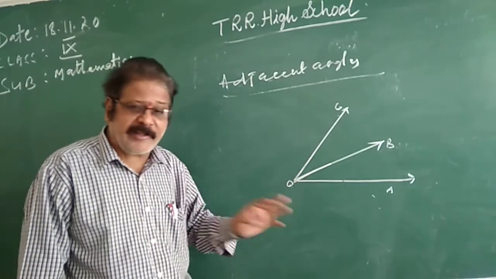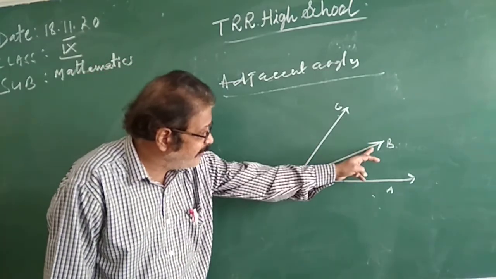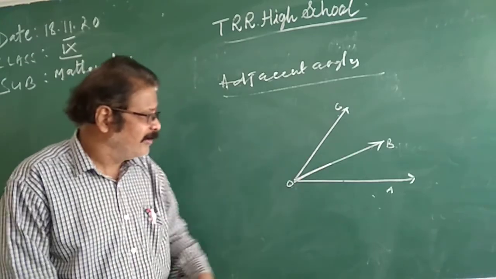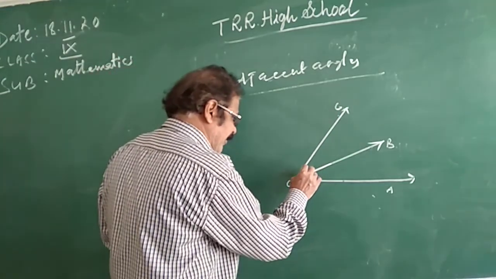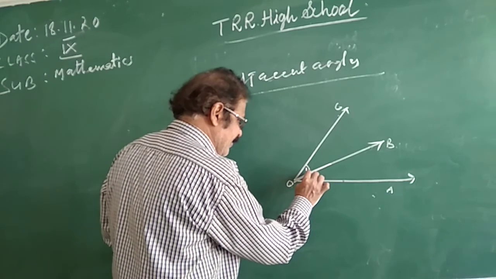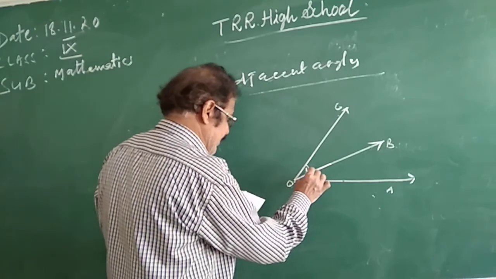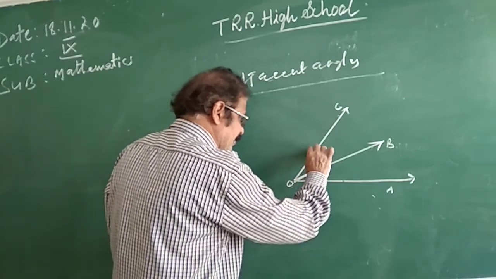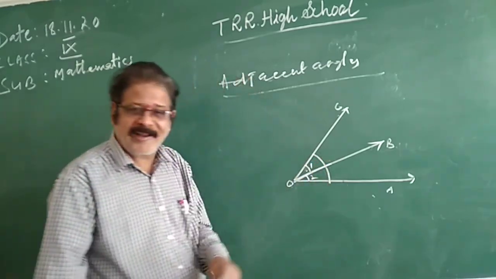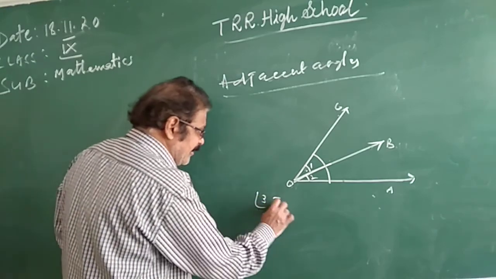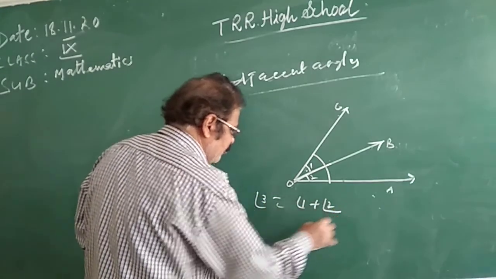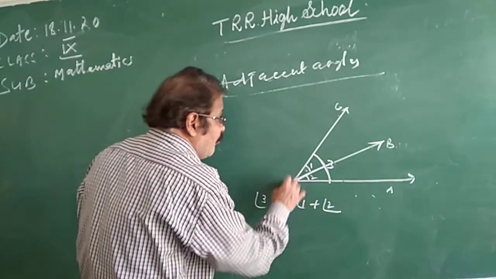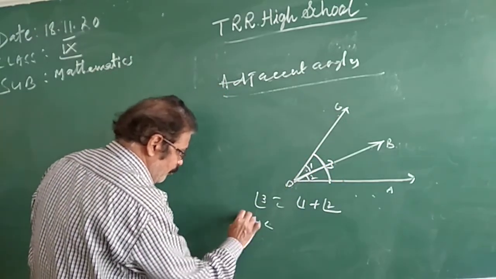In this AOC, there are two parts: AOB and BOC, or COB and BOA. These are the two parts. This is angle 1, this is angle 2. The total angle is angle 3. Angle 3 is equal to angle 1 plus angle 2. Angle 3 means AOC.